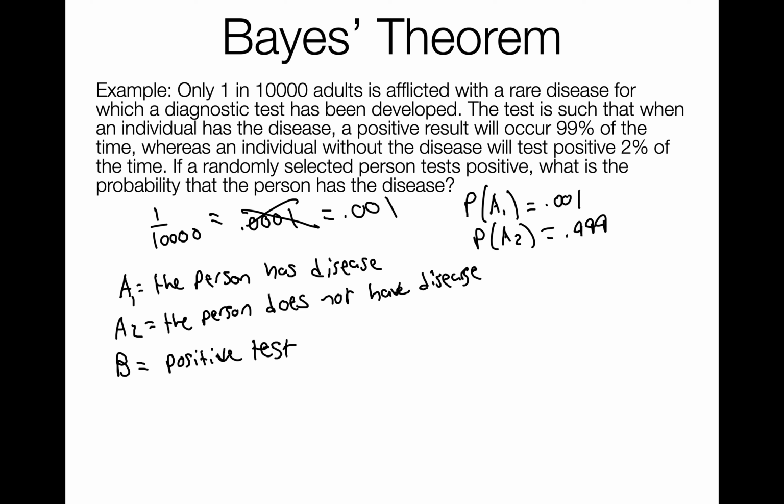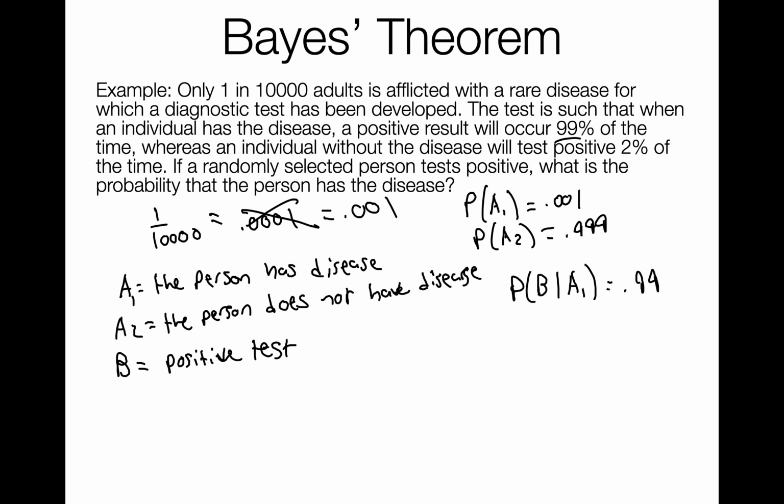Now, the test is such that when an individual has the disease, a positive result will occur 99% of the time. So that is the probability that B happens given that the person has the disease. B given A1 is 0.99. That's pretty good.